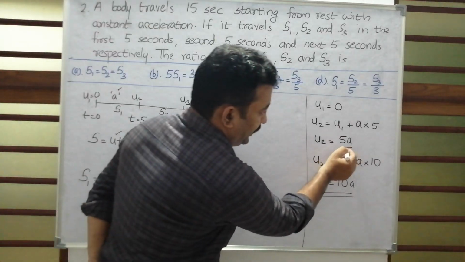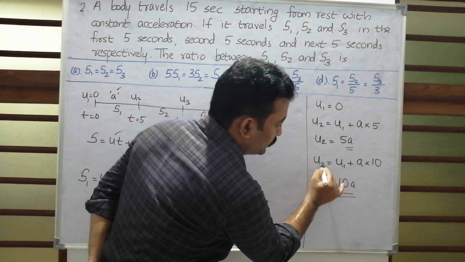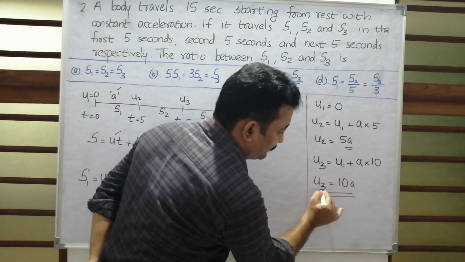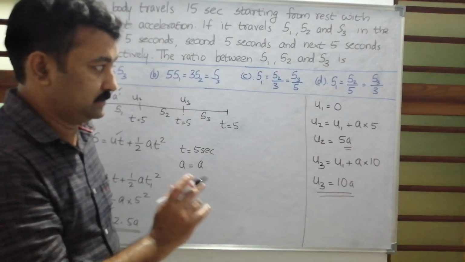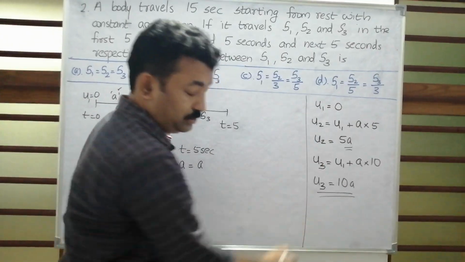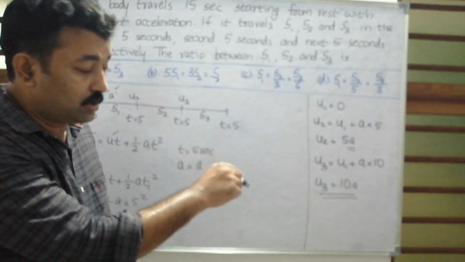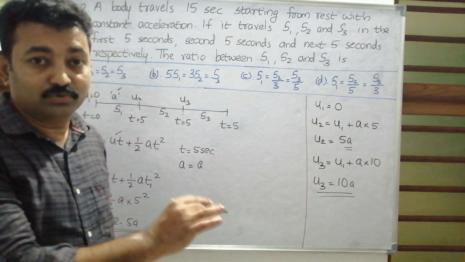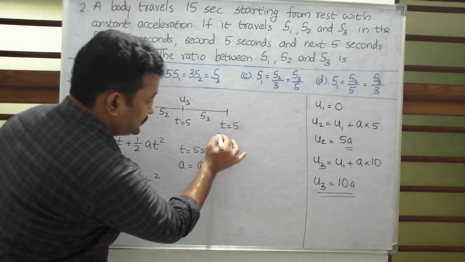U2 is 5a. Oh, I'm sorry, this is nothing but U3 itself, okay? You got U1, U2 and U3. When I wrote it like U2, this is U3 only. So what is S2?